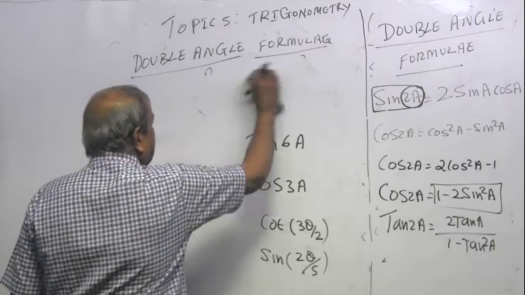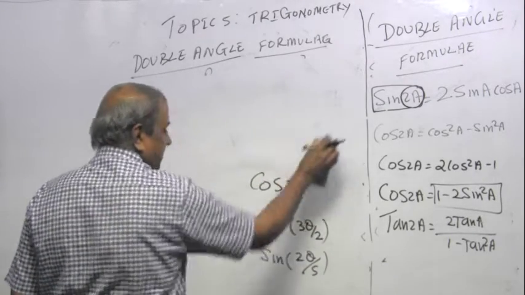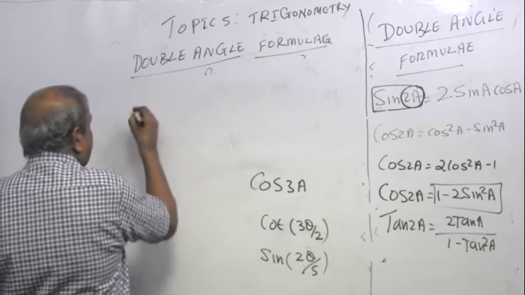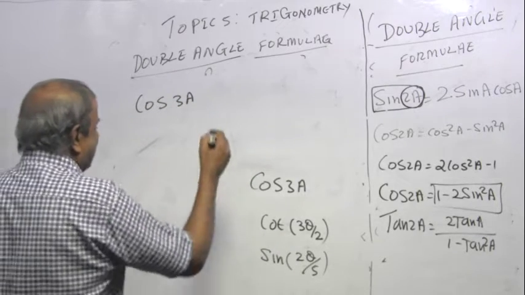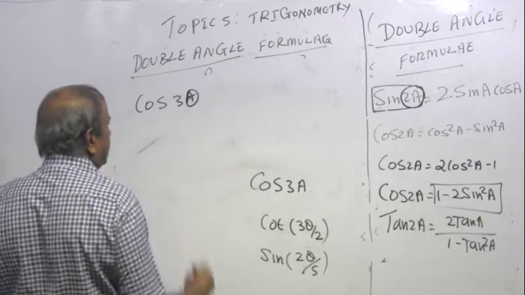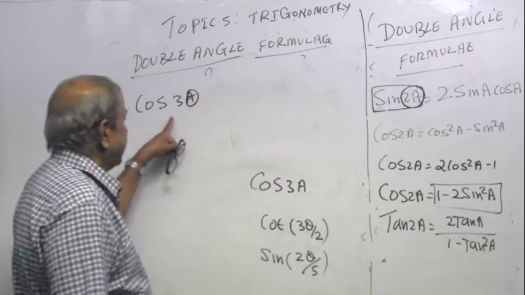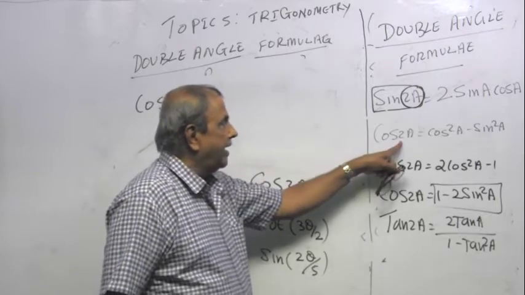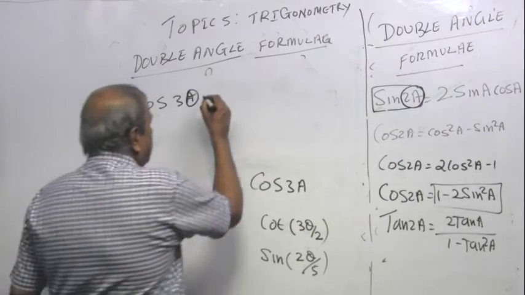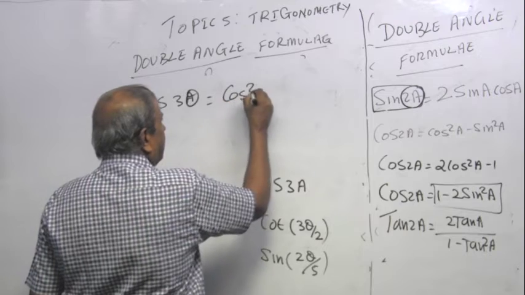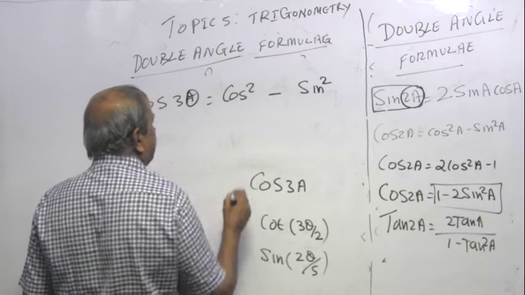Of course, there is another formula for cos 3a. Suppose I have cos 3a. Look, let's make it 3 theta. Cos 3 theta, 2a is 3 theta. So a is half of 3 theta, or 3 theta over 2. So the cos squared does not change, the sine squared does not change, the minus does not change.